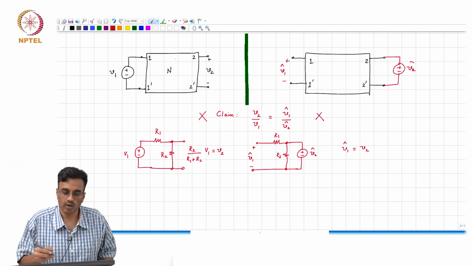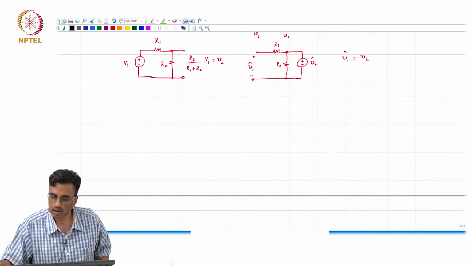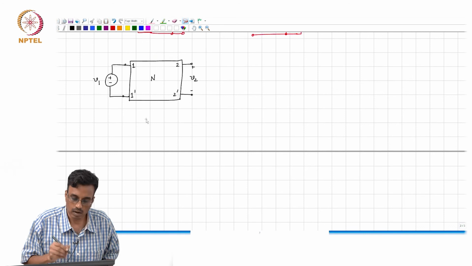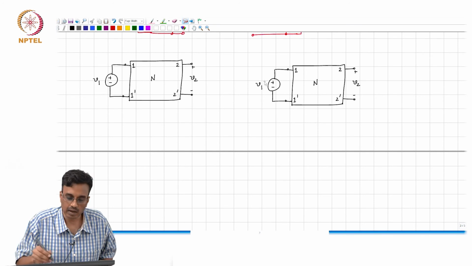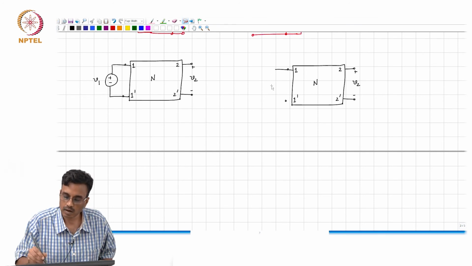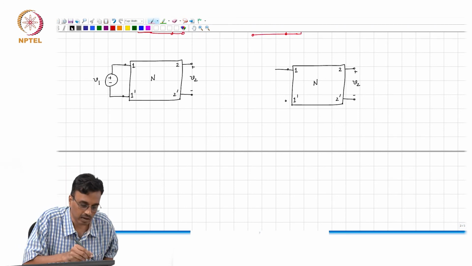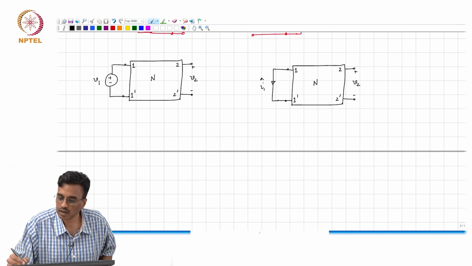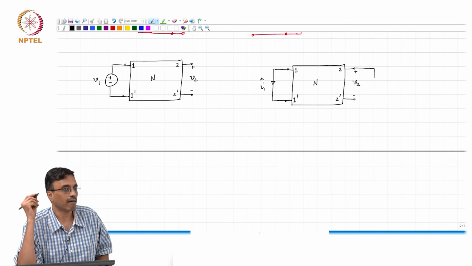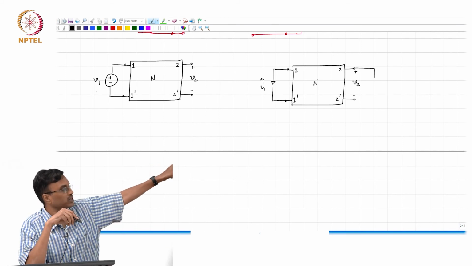So, now that this is wrong, what is right? What do you think the correct answer is? Very good. The correct expression of reciprocity is to look at I1 hat, and you apply, what should I apply on this side? Remember, V1 and V2, the input is a voltage, the output is a voltage.